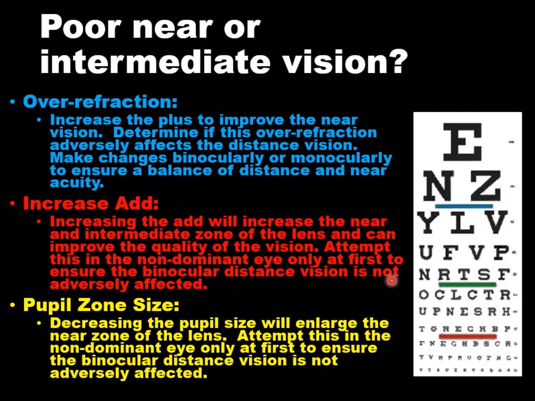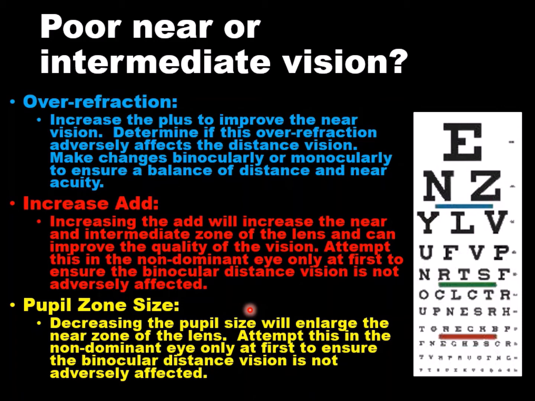And that can be done two ways, similarly to how we modify the distance. We can alter the add by increasing the add. It pushes the plus closer into the center, crowding the pupil with more magnification. Again, this is typically done in the non-dominant eye only. We can also decrease the pupil zone size, and that will create more magnification within a smaller area.